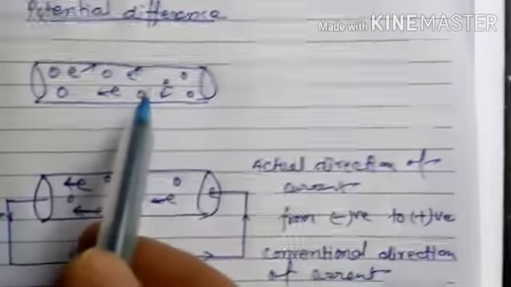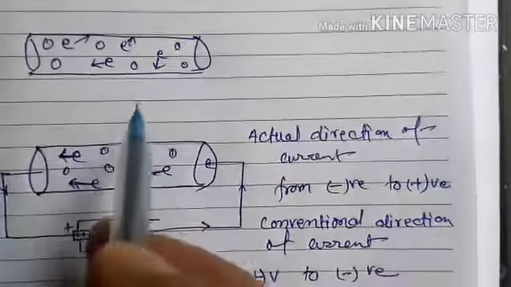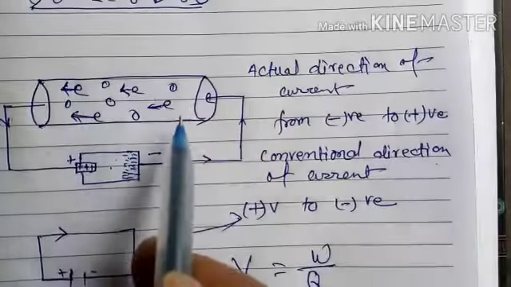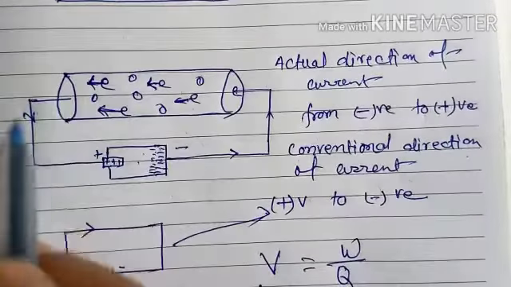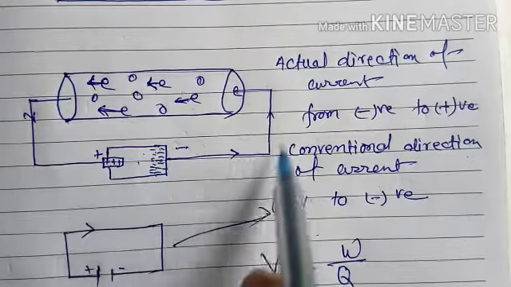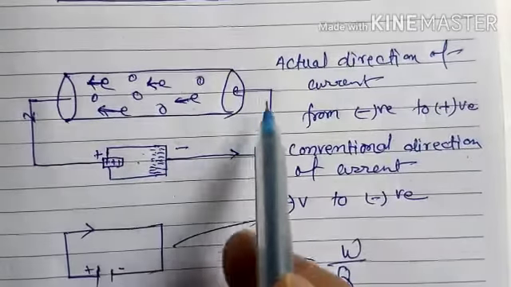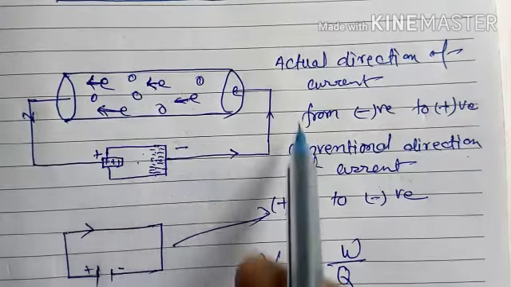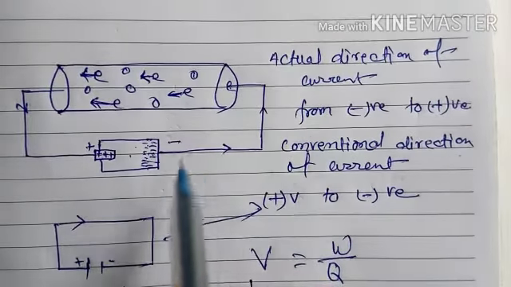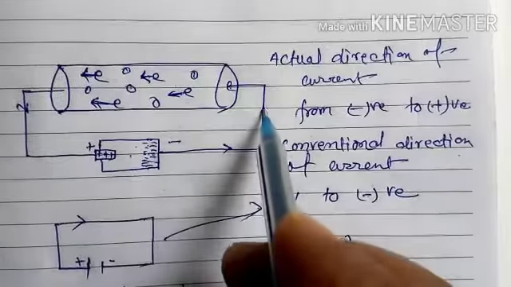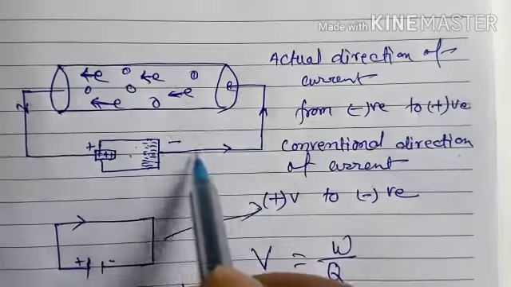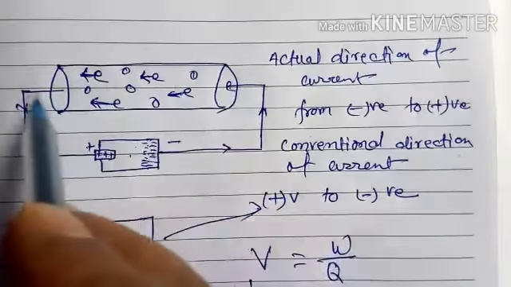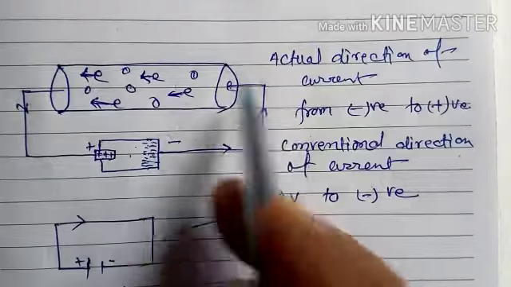That means they move randomly. But as soon as this conductor is connected with a cell, the electrons start moving in a particular direction, from the negative terminal toward the positive terminal.